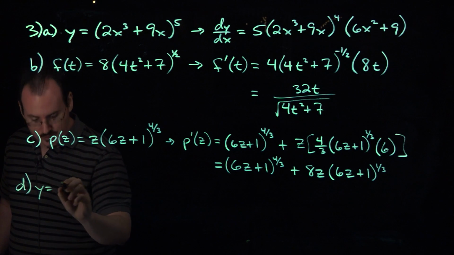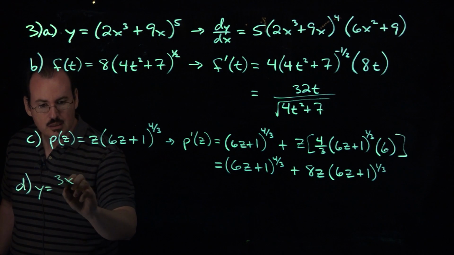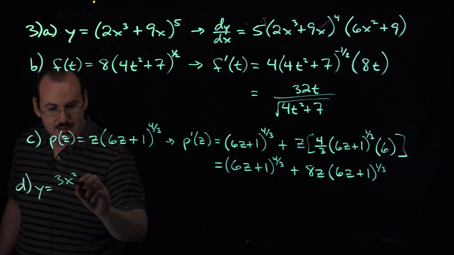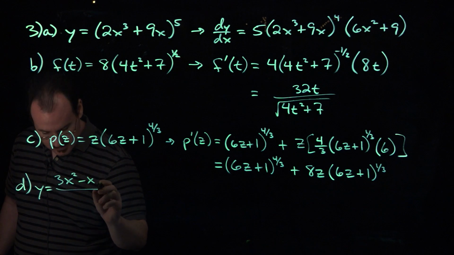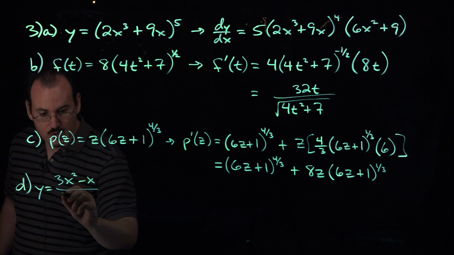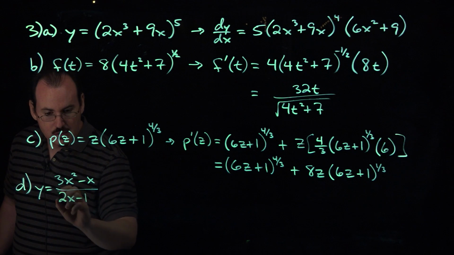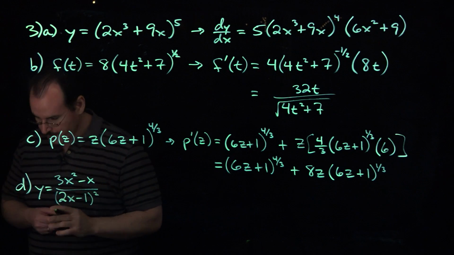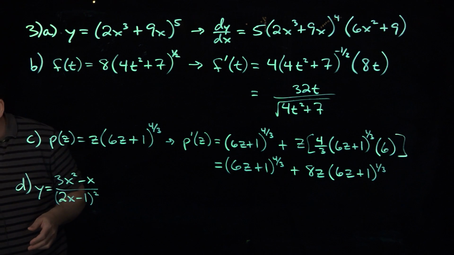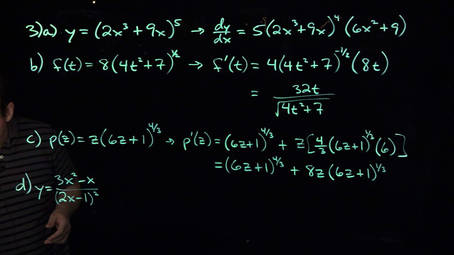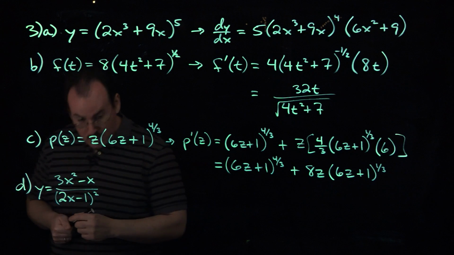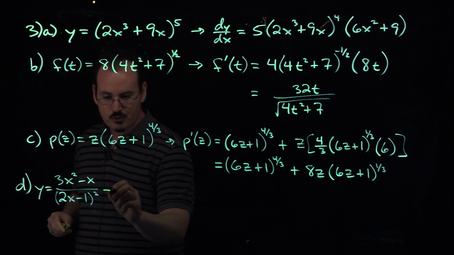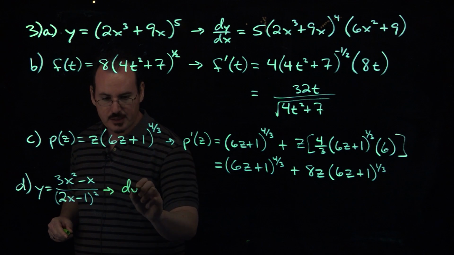So y is equal to 3x squared minus x divided by 2x minus 1 squared. Let's see if I can get a better, less squeaky marker here. Okay, so quotient rule, dy dx.